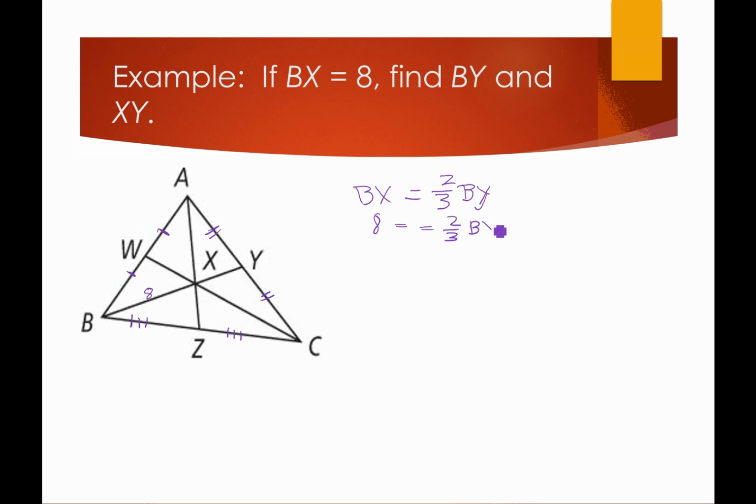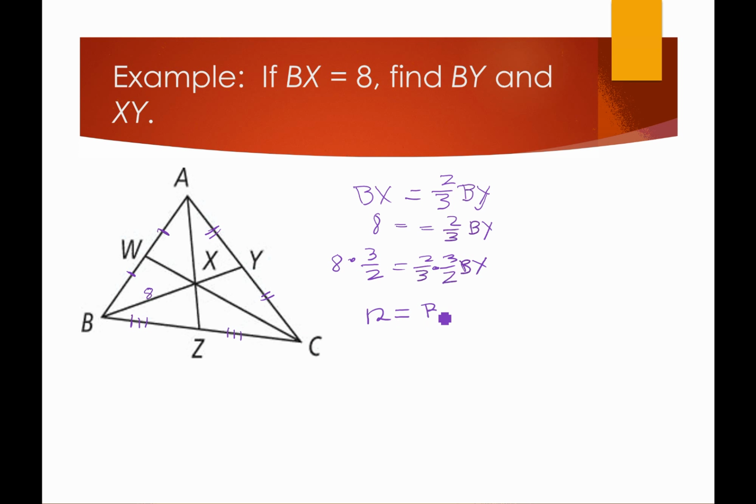We multiply both sides by the reciprocal, 3/2. So 8 times 3/2 equals 2/3 times 3/2. 2 goes into 8 4 times, and 4 times 3 is 12.